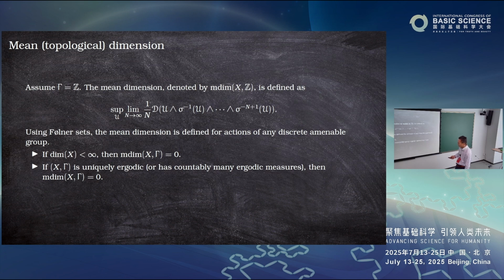Okay? So we will come back to this later. Actually, this is very important to us. Also, if the dynamical system has finite topological entropy, then the mean dimension is 0.